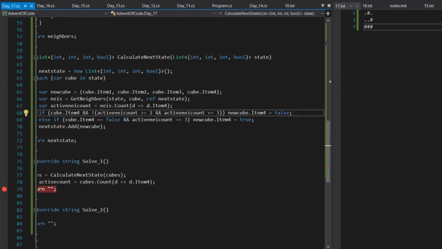The cube is active and it satisfies these conditions, it goes true, but we're saying if it doesn't satisfy those conditions, it goes false.